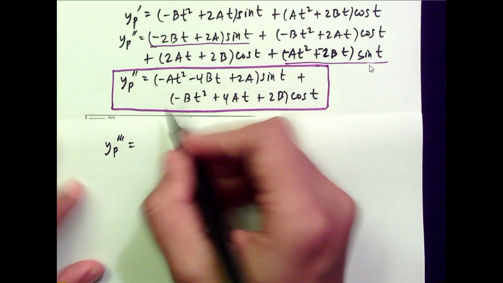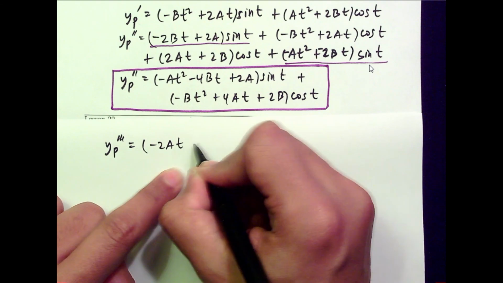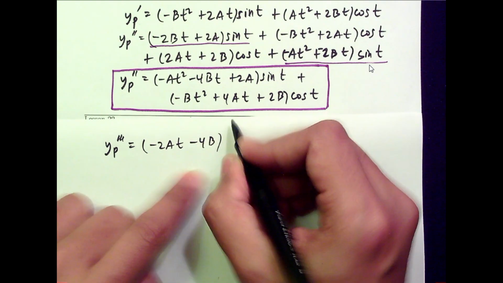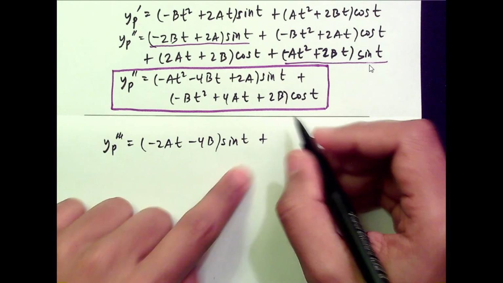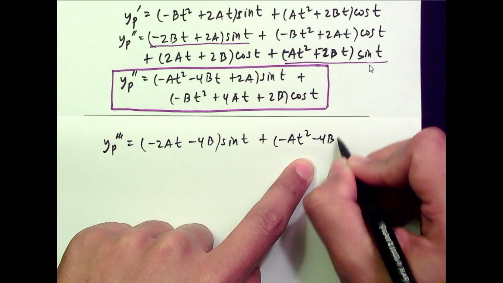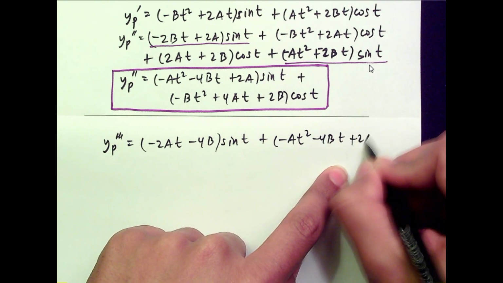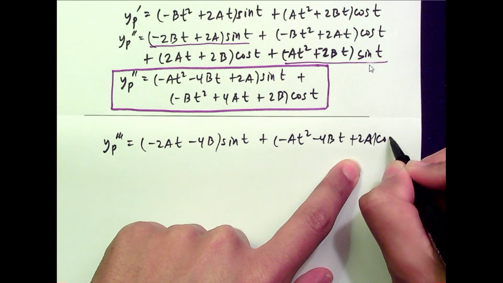The derivative of the first, which is negative 2at minus 4b, times the second plus the first times the derivative of the second. The derivative of sine is cosine.